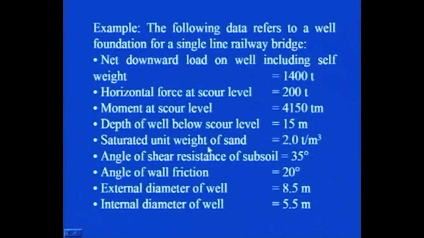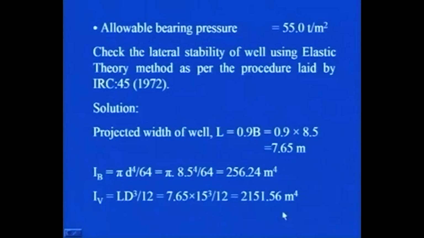Then the saturated unit weight of sand is 2 ton per meter cube. The angle of shear resistance of subsoil is 35 degree. The angle of wall friction is 20 degree. The external and internal diameters of the well are 8.5 and 5.5 meter respectively.